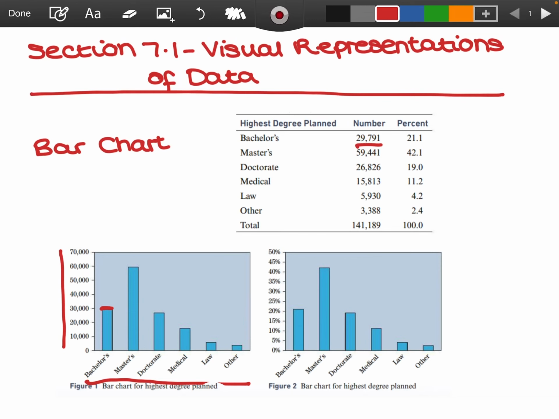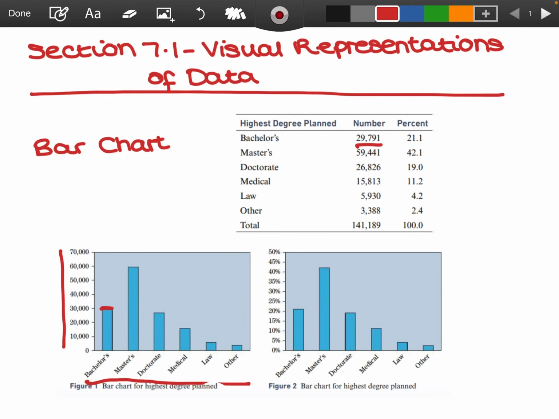Okay. Similarly, in this second bar chart they've listed each of the degrees, but then listed the percentage of the whole that plan on taking that as the highest degree. This one would probably look a bit more accurate. It's a bit easier to read exactly what's going on, as we have a much lower scale here.